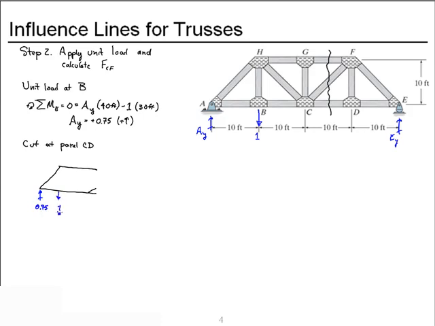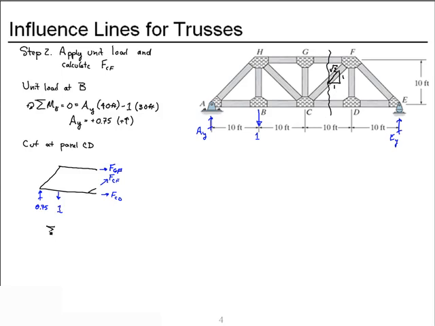We have our unit load, 1, down. We have our unknown force in member CD, our unknown force in member CF, the one we're looking for, and unknown force in member GF. Now to apply equilibrium, we're going to need to look at the slope of member CF. The rise to run ratio is 1 to 1, which means the hypotenuse would be square root of 2.